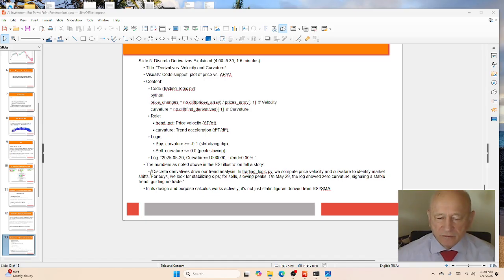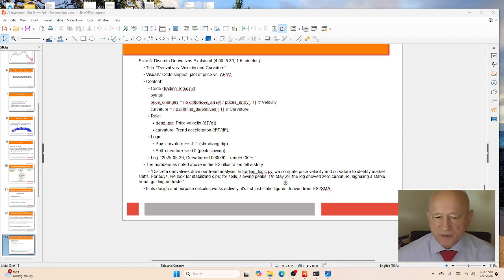Discrete derivatives drive our trend analysis. In trading logic, we compute price velocity and curvature to identify market shifts. For buys, we look for stabilizing dips. For sells, slowing peaks. On a recent date, the log showed zero curvature, signaling a stable trend, guiding no trade.